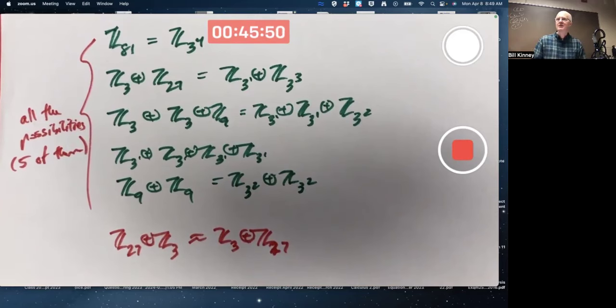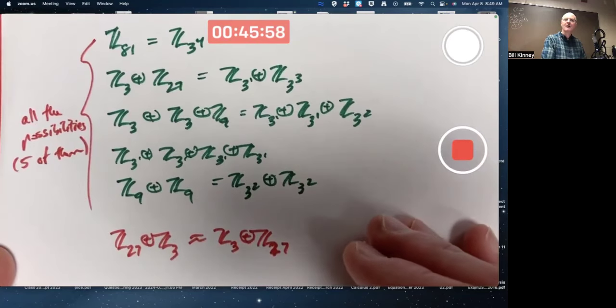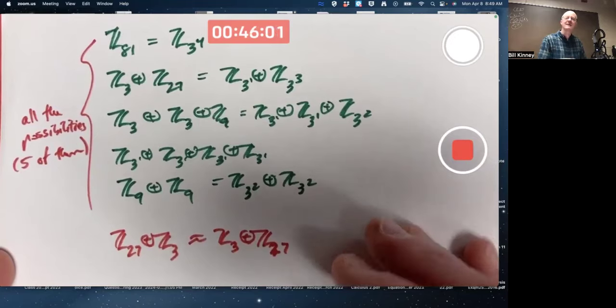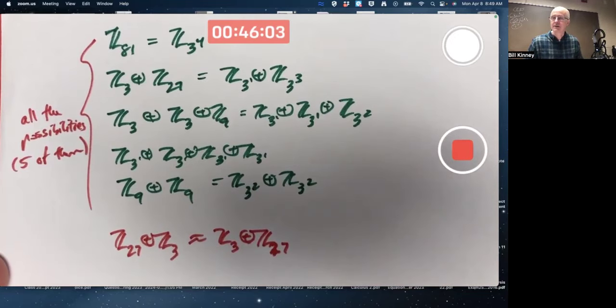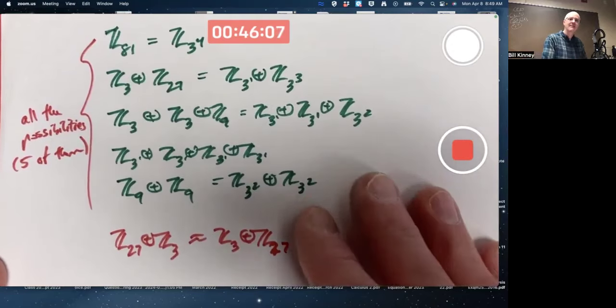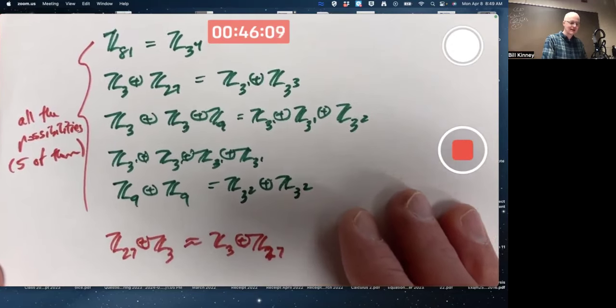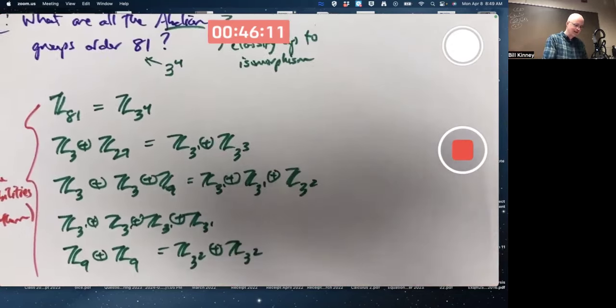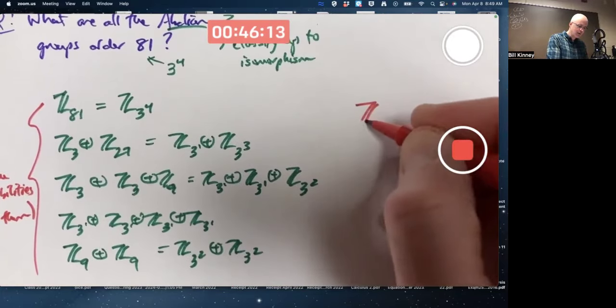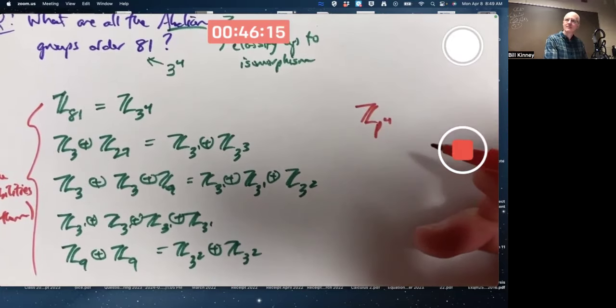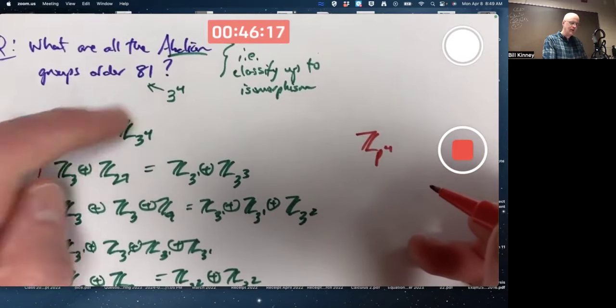There's nothing special, actually, about the prime p. I could do the exact same kind of thing for any prime p. There's nothing special about the prime p equals 3. 81 is 3 to the 4th.